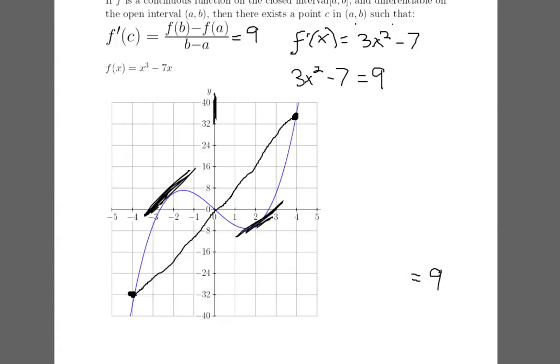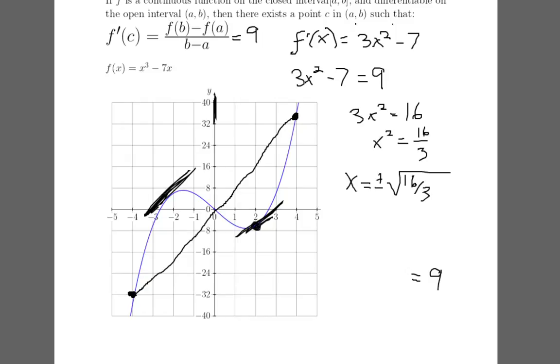So we'll do a little bit of algebra. 3x squared equals 16. X squared equals 16 over 3. So x equals plus or minus root of 16 over 3. All right, so root 16 is 4. Root 3 is a little bit less than 2. So that should be about 2, which, looking at our graph, looks about correct.